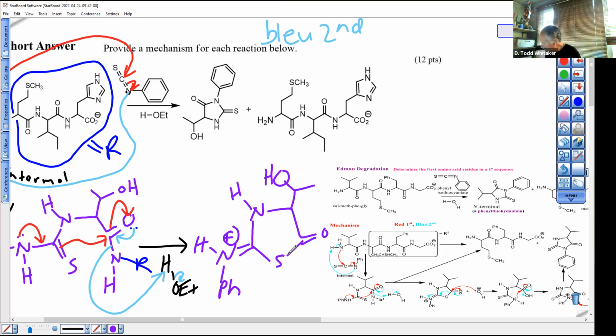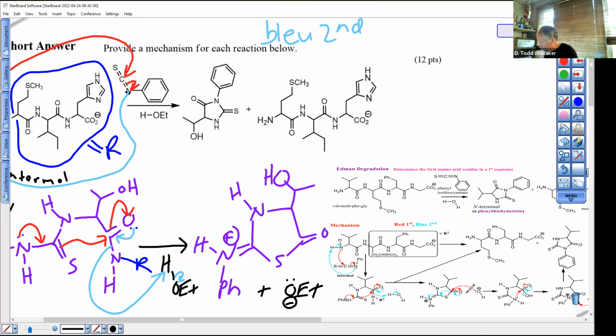And the OH minus that you just made looks like it's going to do a deal. It's not an HO minus, is it? It's an OEt minus. It is taking the place of HO minus, and it's an attacker to open up the ring.